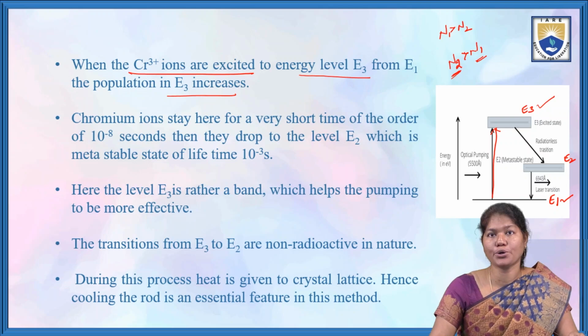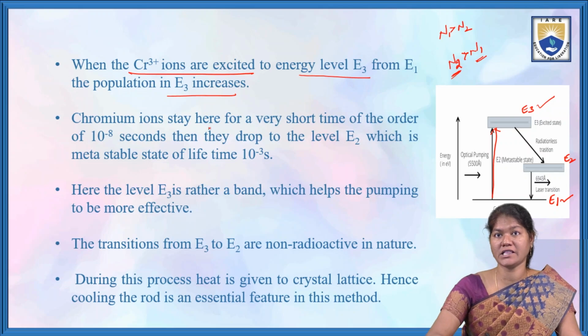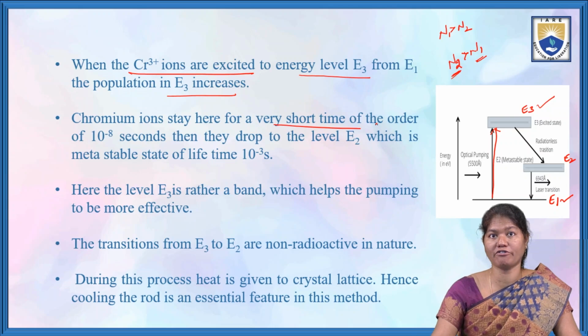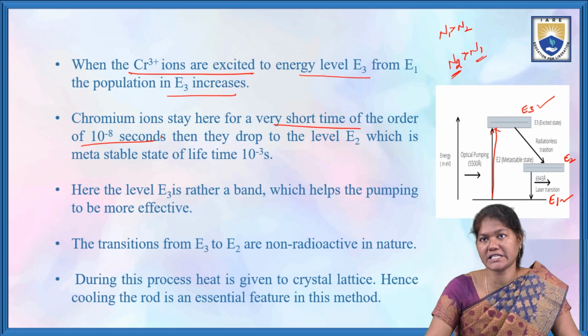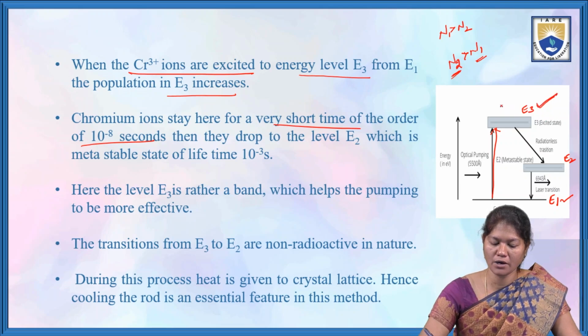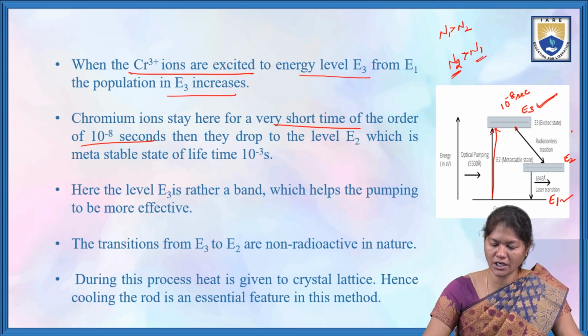Chromium ions stay at the E3 energy state for a very short time, of the order of 10 power minus 8 seconds. This is the lifetime of an atom in the excited state. After this lifetime, they drop to the energy level E2.